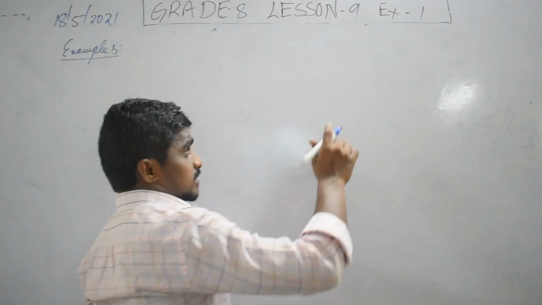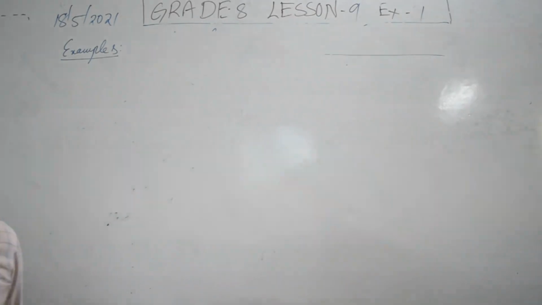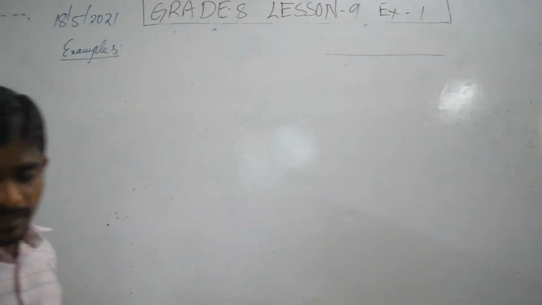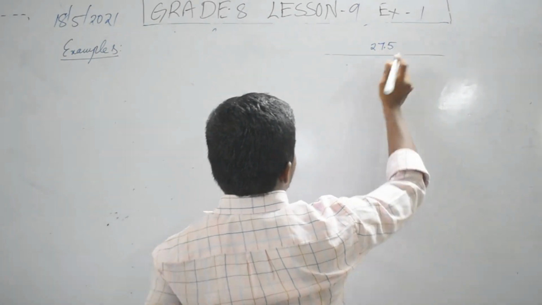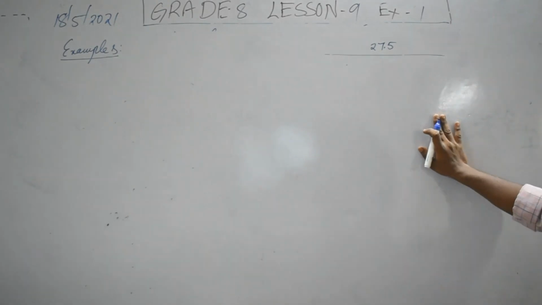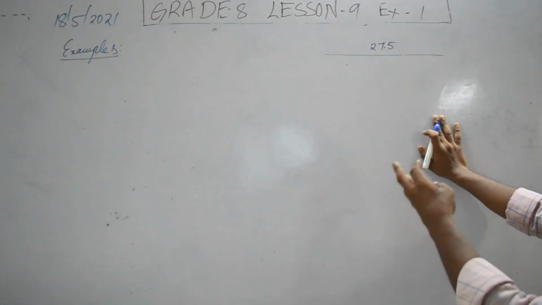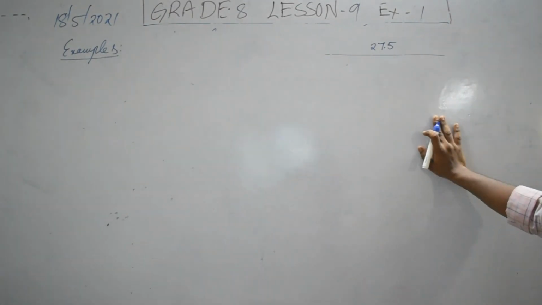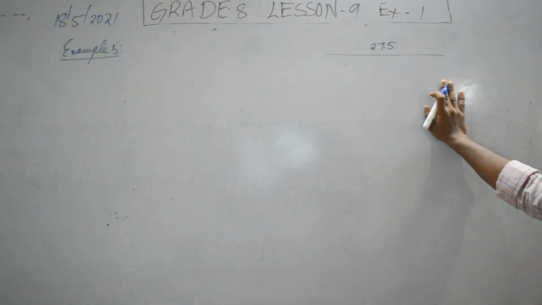See, now this is one wire. That wire length is 27.5. We are using this wire length forming a square.